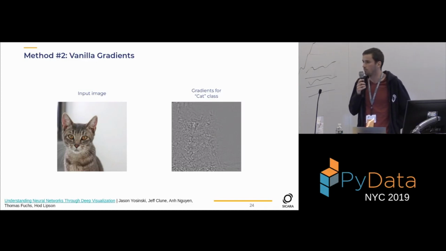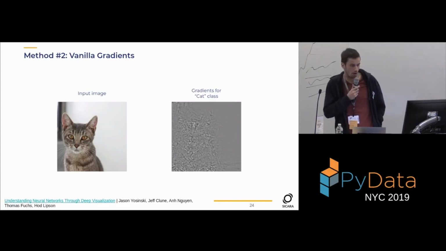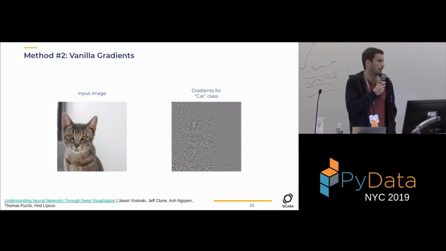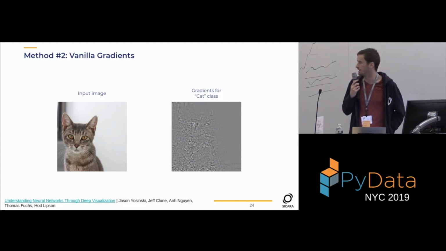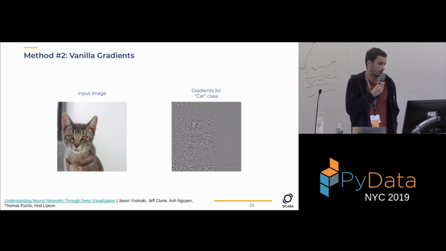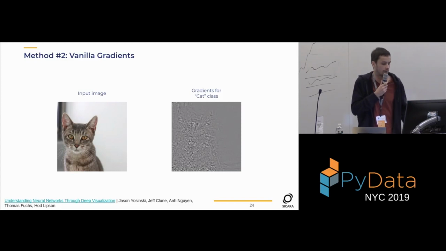What if we just look at what makes an input image a better cat, for example? There are some regions in the image that are already discriminative to be a cat, and the idea is that if those parts are really important, gradients will be larger than for other parts, for example the wall behind the cat.